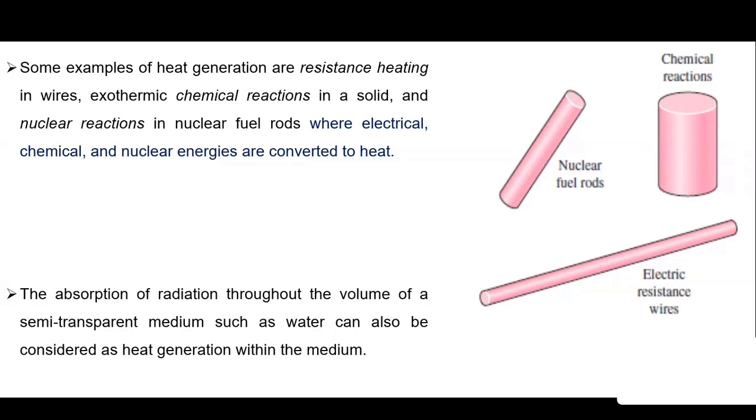The solar energy which is incident has uniform intensity, then also it can be considered as heat generation within the medium. Although it is coming from outside, it can be considered as generation within the medium. So that is also an example of a heat generation problem.